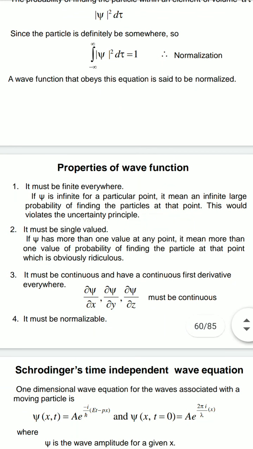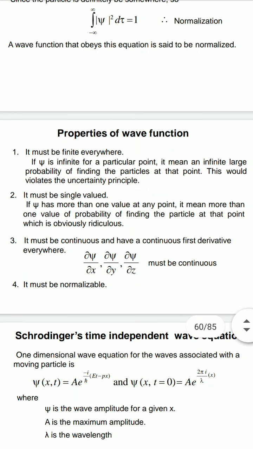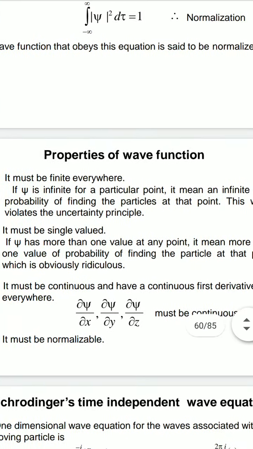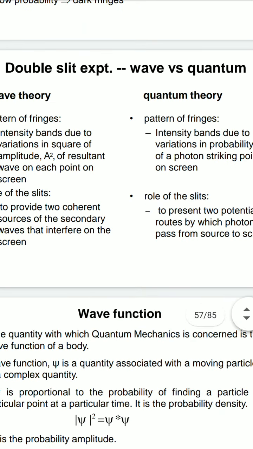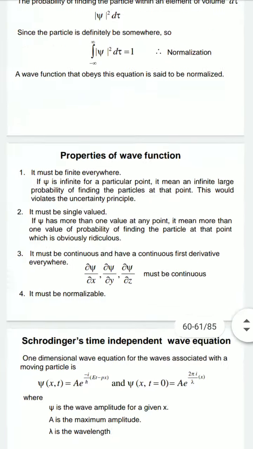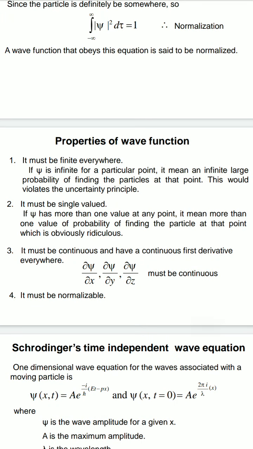Now, what are the properties of a wave function? Let us see how we can explain a wave function with its properties. The first property is that it must be finite everywhere, that means it should not be infinite. If psi is infinite at a particular point, it means an infinitely large probability of finding the particle at that point.